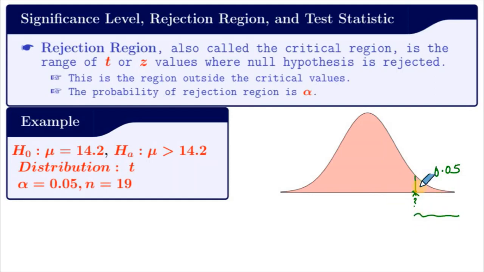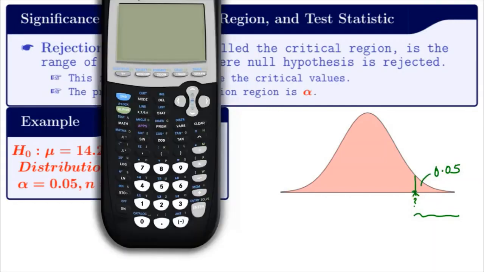So now to find this boundary value, we can use TI calculator, Excel, or table. For this particular example here, I'll be using TI calculator to find the critical value. So for that, let me pull up my calculator up on the screen. Then go to second distribution. We'll be using number 4 where it says INVT. So that's what you need to select. Then this takes area to the left. So if we are looking at this point here, the area to the left of this point will be 1 minus 0.05.